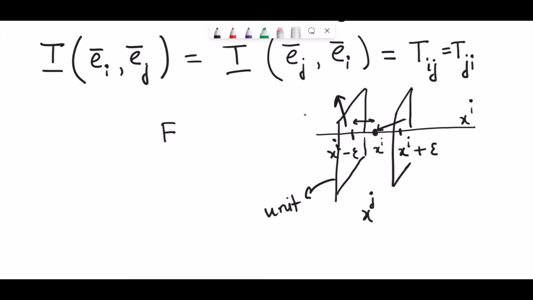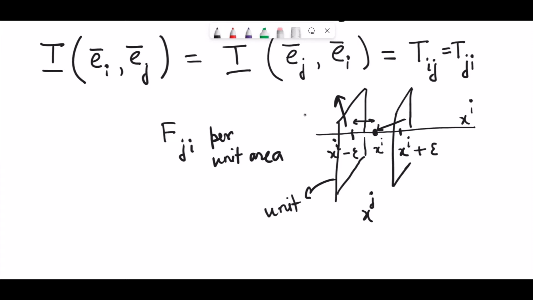So the jth component of the force, working perpendicular to the area along x^i, and then we calculate not just the force, but force per unit area, that is precisely what stress is. That is the definition of the stress.